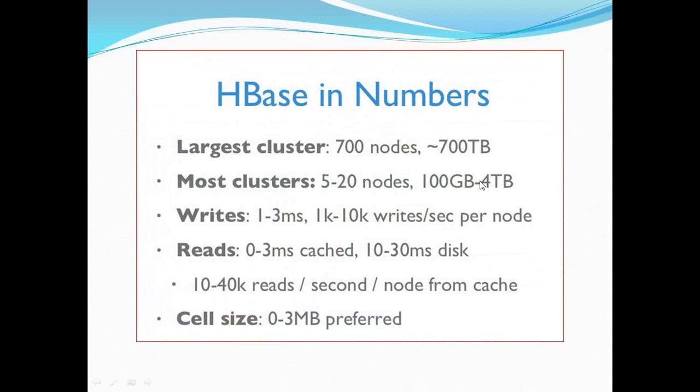HDFS is good, but when your data is very large, even if your MapReduce jobs are simple, the maximum time is in the IO itself, and you need to randomly access the data, like first file 1, then file 3, then file 10, then file 2, that type of random access. You might get that.